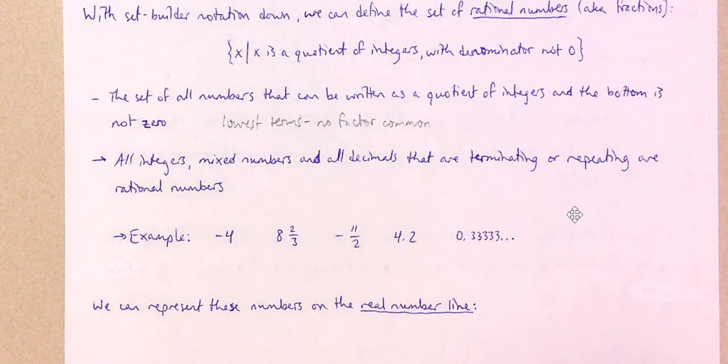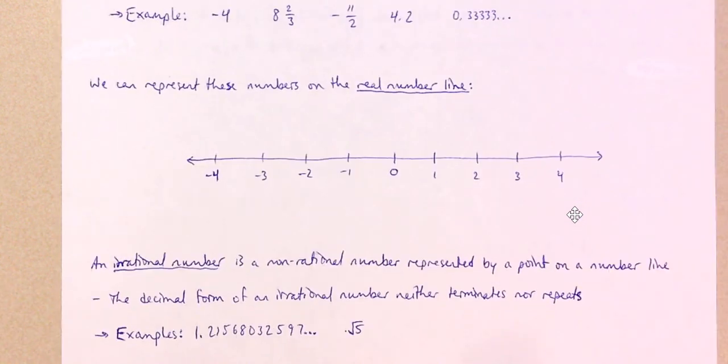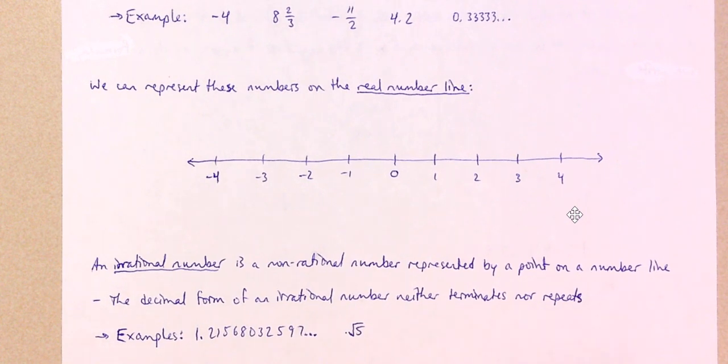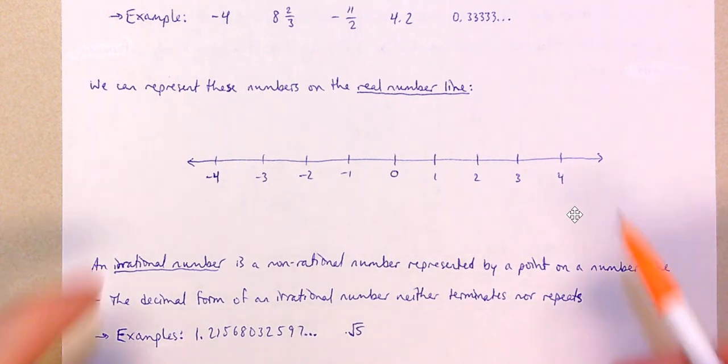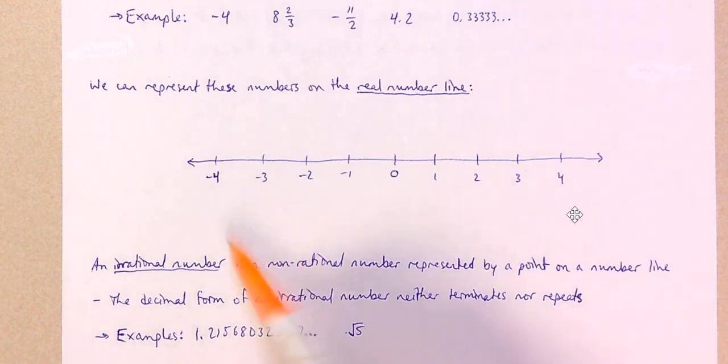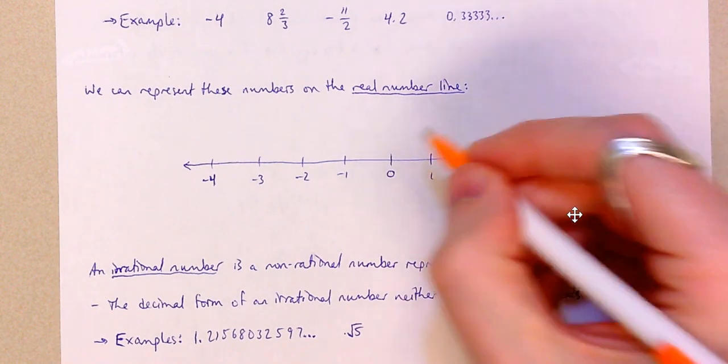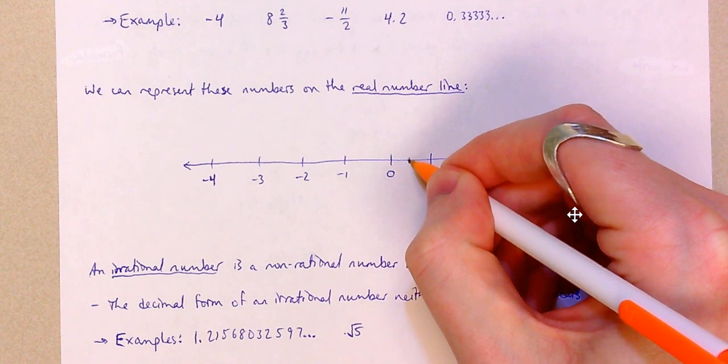And we can represent any of these numbers on the real number line. This is probably familiar to most, if not all of us. Big, long horizontal line, arrows on both ends, and tick marks to represent the integers on that line, and we can plot certain numbers like 1/2.